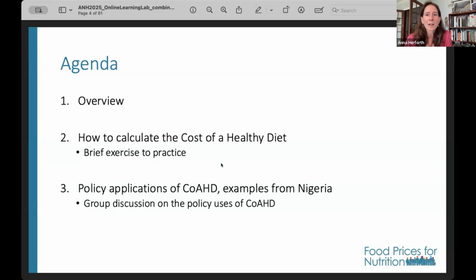And then thirdly, we'll hear, I think the most interesting piece from my point of view, Dr. Tayo Adeyemi will talk about policy applications of the cost and affordability of healthy diet, using several examples from Nigeria where there have been policy impacts already from using this indicator at national and subnational scale. And then we will end with a group discussion in breakout rooms on other potential policy uses of the indicators.